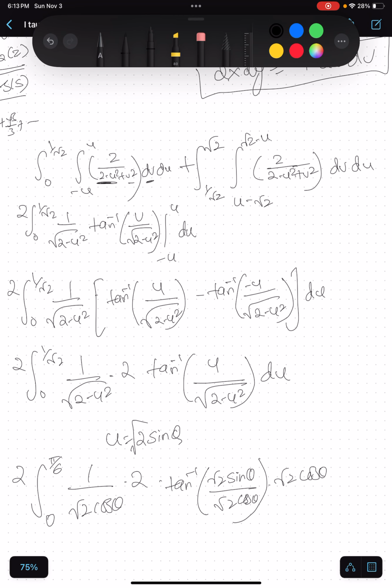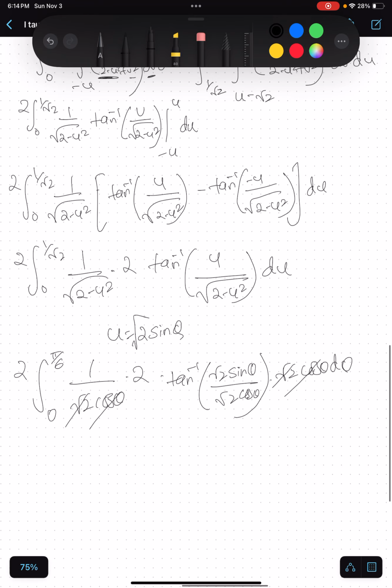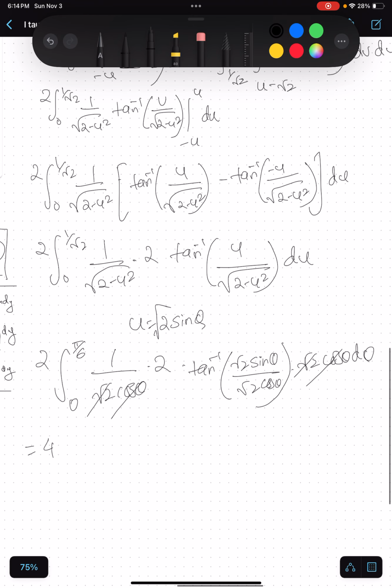Root 2 cancels out, cos cancels out. Because it has to give us answers, it has to simplify. It's like we are pressurizing maths to give us the answer because it has to. There's no other way for it.